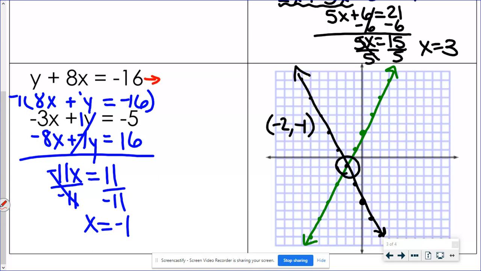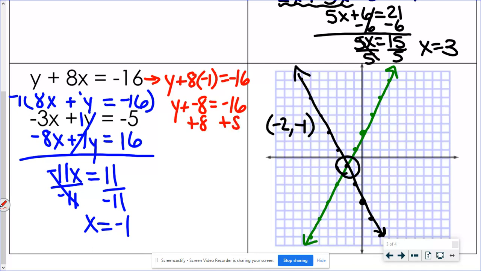So we're looking for a y. I'll have y plus 8 times -1 equals -16. So y plus a -8, and we'll add 8. So my ordered pair will be -1, -8.